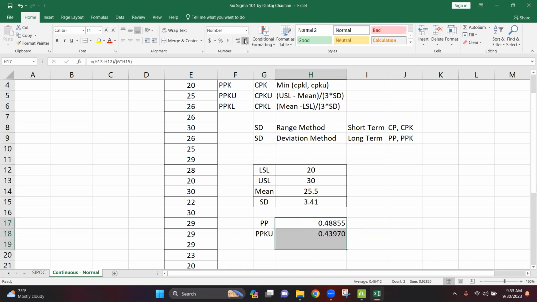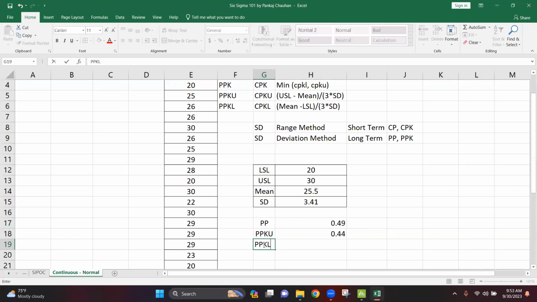Same way, I calculate PPKL: you take the mean value 25.5 minus LSL 20, divided by 3 times the standard deviation. So my PPKL value is 0.54.